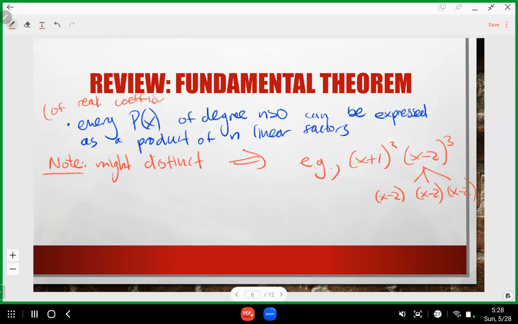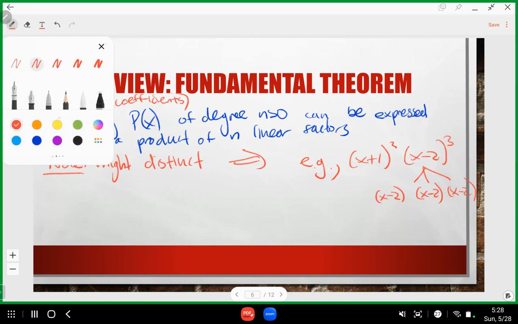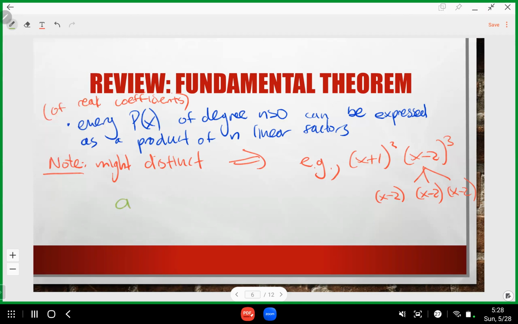Now, if they are imaginary coefficients, like 4i x squared, no. Okay, of real coefficients, every p of x of degree n greater than 0 can be expressed as a product of n linear factors. And we also learned that linear factors look something like this: p of x can be expressed as a times x to the n, where a is always the leading coefficient, which is always a constant.